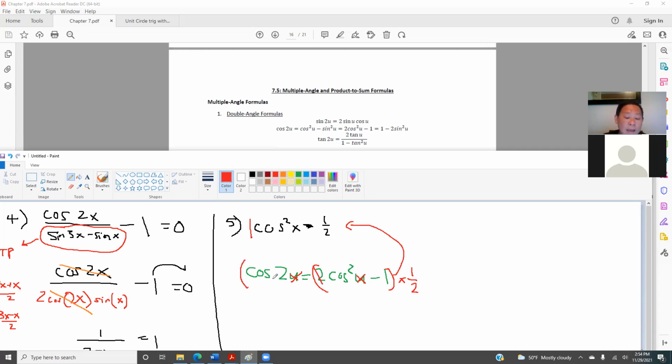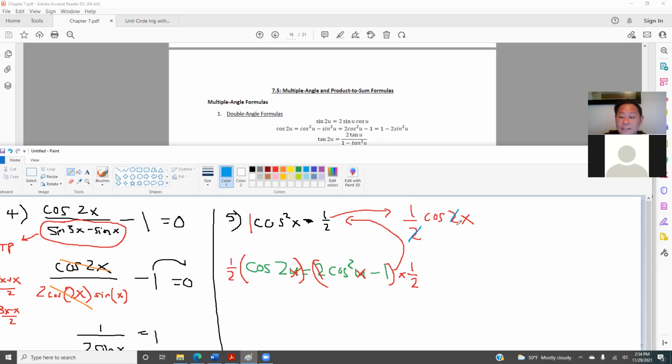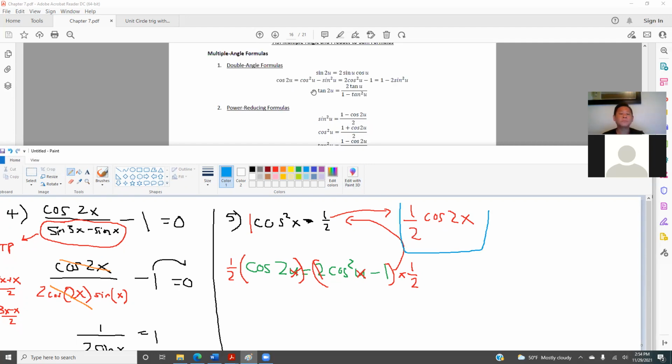But as usual, it's like an equation: if you multiply by 1/2, this side also has to be multiplied by 1/2. So your answer in this case will be 1/2 cosine of 2x. And please do not cancel this 2 and this 2. You will get it wrong, because this is not the same. Don't cancel this. They're not potatoes and carrots. Don't do that. So this is your answer here.